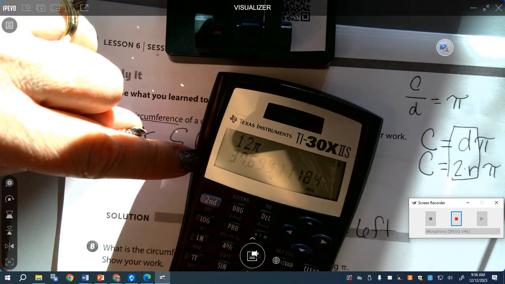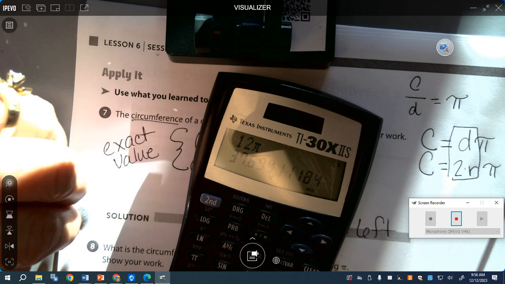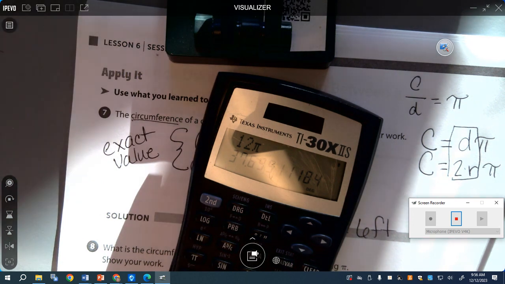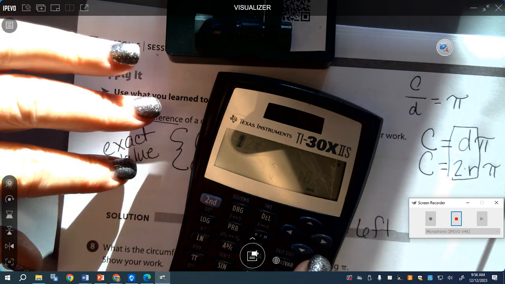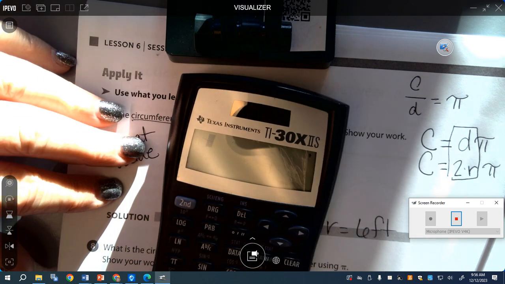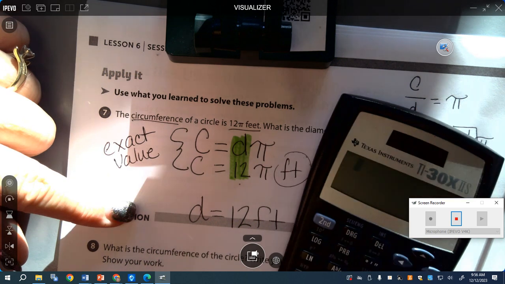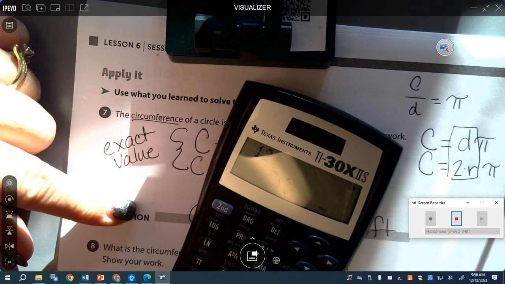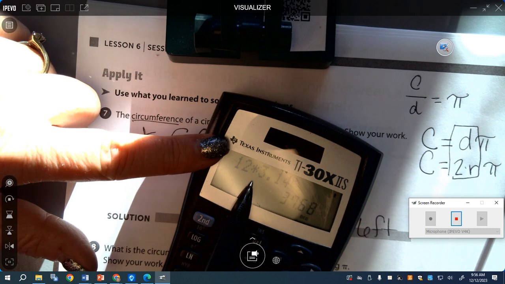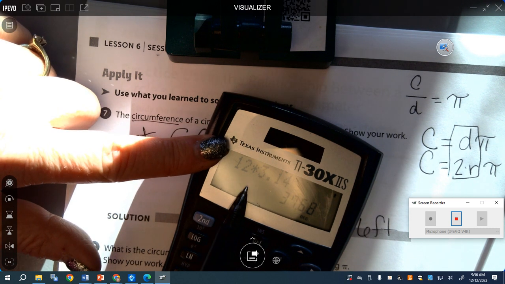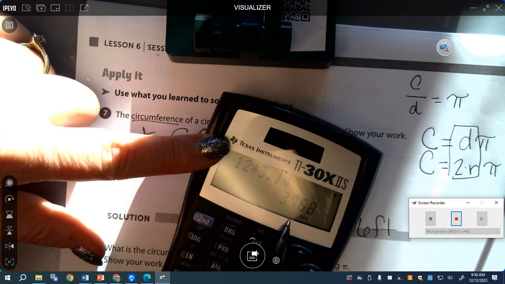So that is an exact answer because it takes it to the very, very smallest decimal. Pay attention, please. If I were to round pi to 3.14, this is an approximation because I rounded pi to 3.14. So see this answer right here?